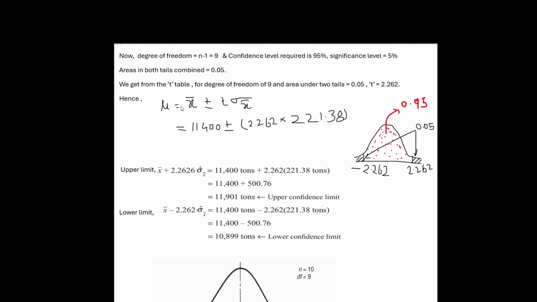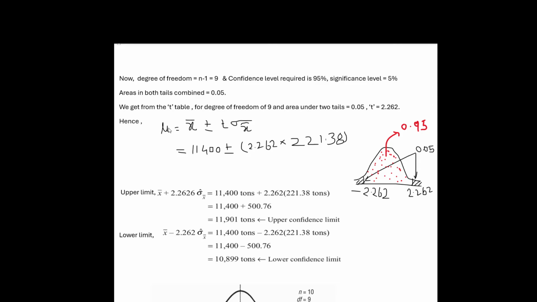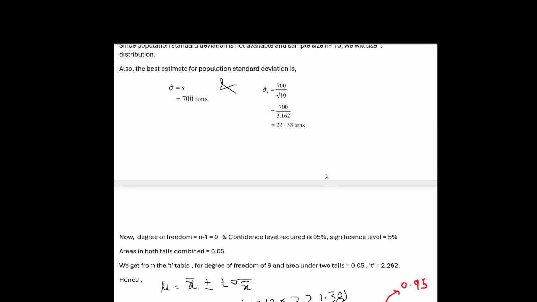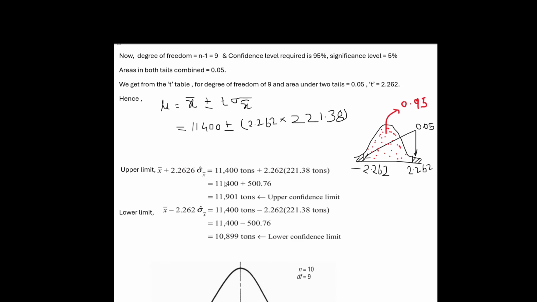Now our formula is mu, because we are trying to estimate the population mean, equal to x bar plus or minus t times sigma x bar. We replace z by t. So x bar is 11,400 plus or minus 2.262 into 221.38, and we get the answer.